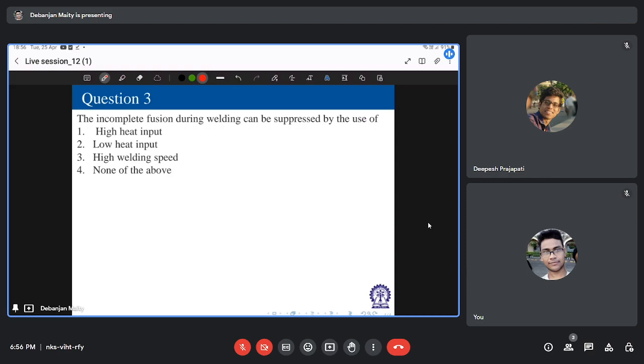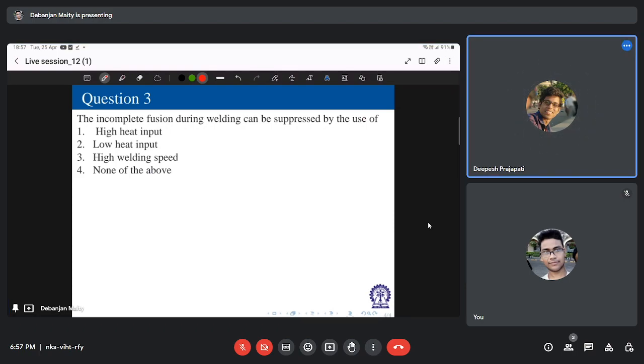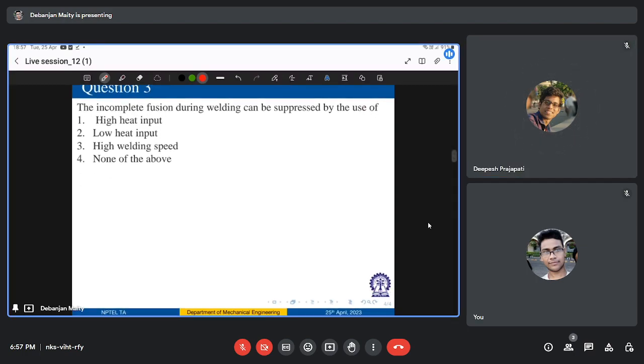So for this question number 3, the incomplete fusion during welding can be suppressed by the use of which one? Incomplete fusion basically happens due to low heat input, really.